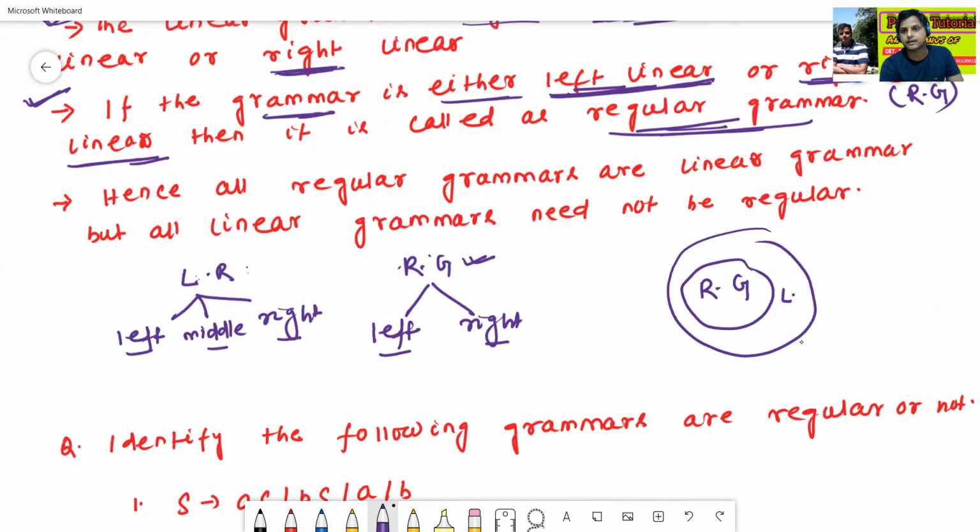Hence all regular grammars are linear grammars, but all linear grammars need not be regular grammars. Now we'll see some examples related to linear grammar and regular grammars.